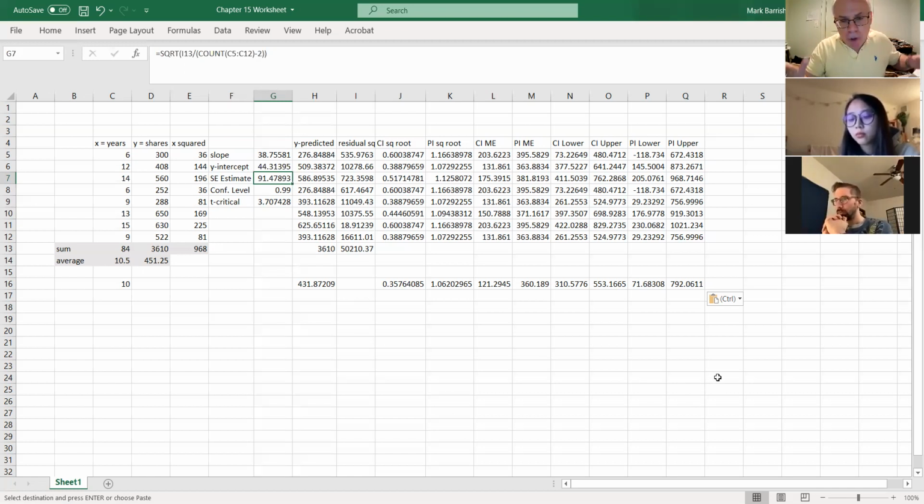So the prediction interval is always wider than the confidence interval. And then the correlation, we know where to find it. You don't have to use the formula. You know where to find that now. And the coefficient of determination we went over. So everything on this page you can do.